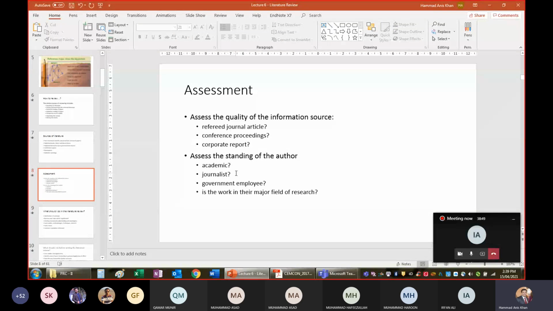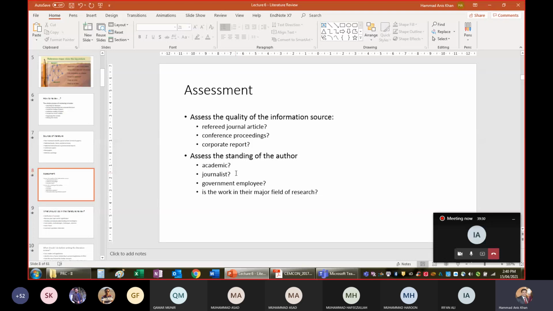You have to do some assessment when you are doing the literature review. What do I mean by assessment? You have to see the quality of the research paper which you are reading, and in what journal it is published. For example, in my area of research, cement and concrete, there is a journal known as Cement and Concrete Research. It is a top-ranked journal. You assess the quality of a journal by the impact factor, which is how much impact a research paper can have, or how much it has been cited.